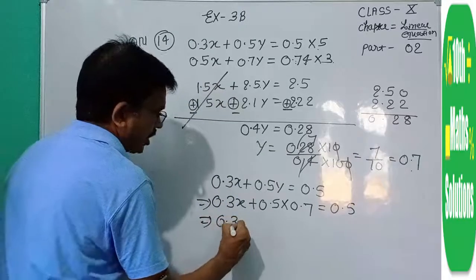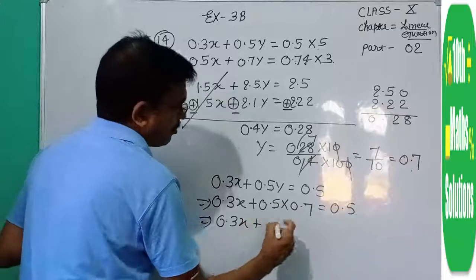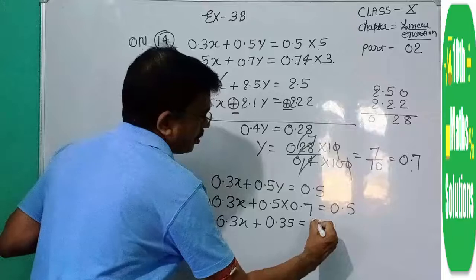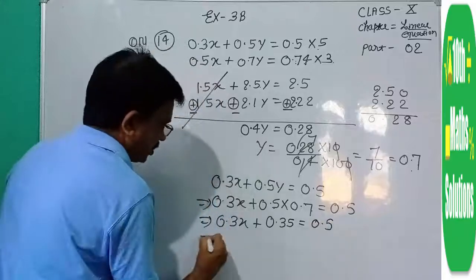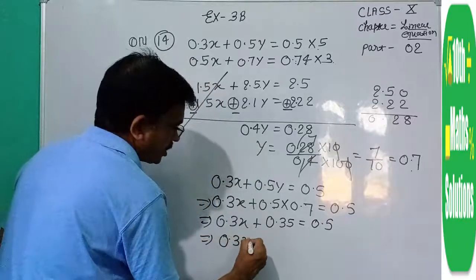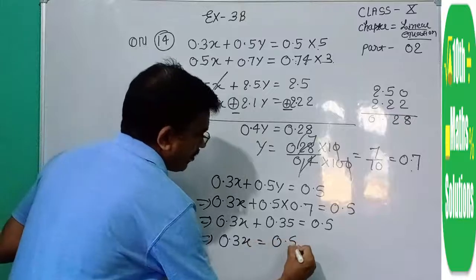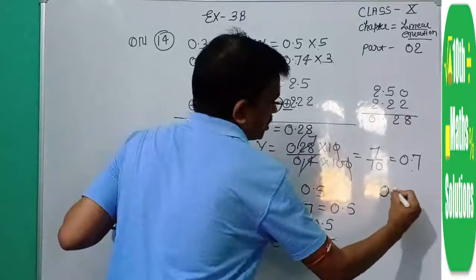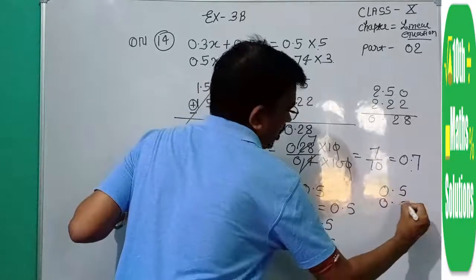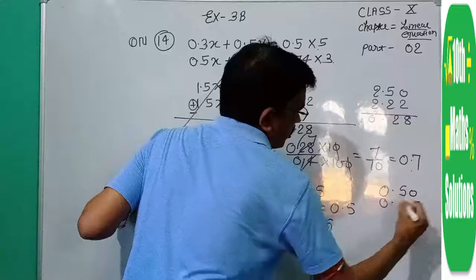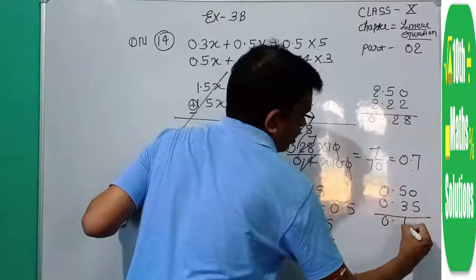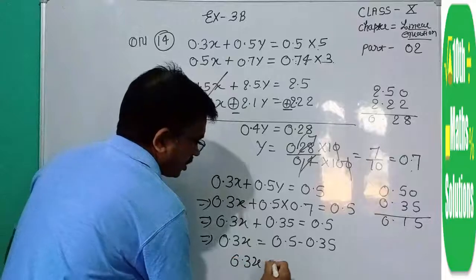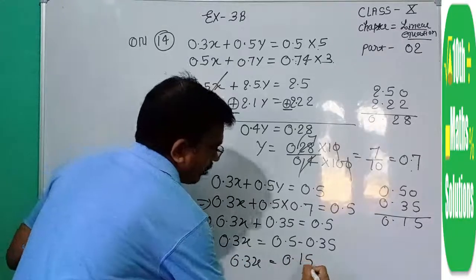Hence 0.3x plus, when you multiply, you get 0.35, is equal to 0.5. So what is the value of 0.3x? It is 0.5 minus 0.35, which is 0.15. So 0.3x is equal to 0.15.